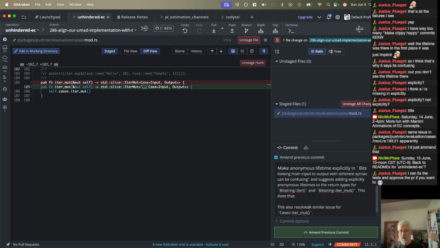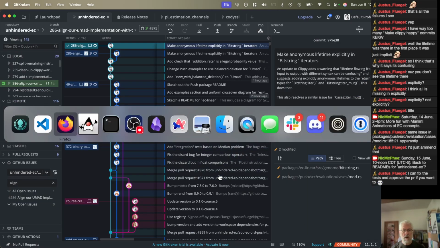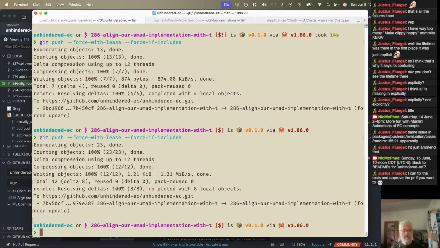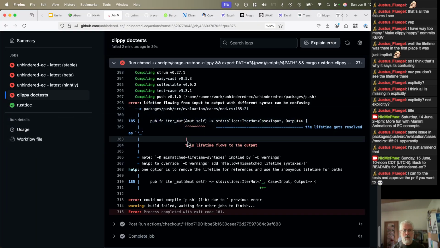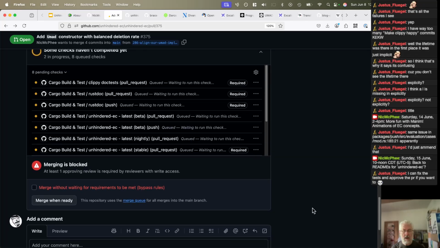Also resolves a similar issue for cases iter mut. And then we push again, because pushing is fun. And then that will blow up the world. It has to rebuild everything again. Blah, blah, blah. Okay.